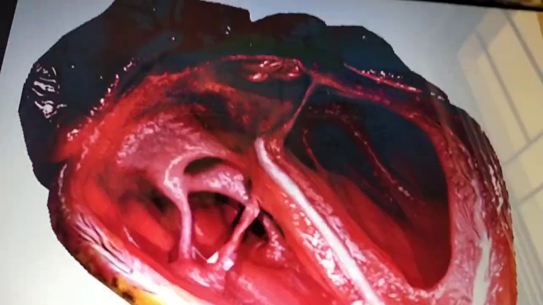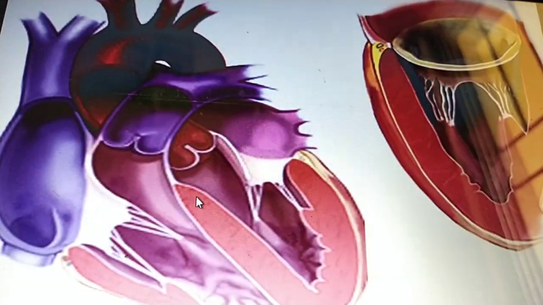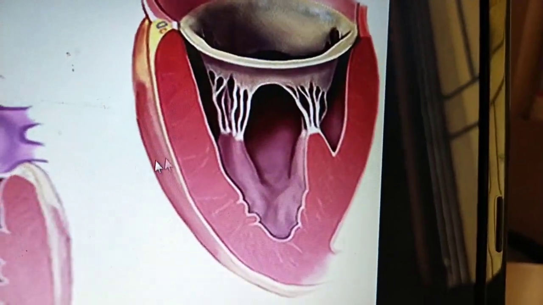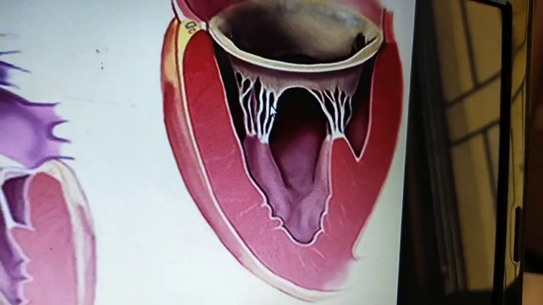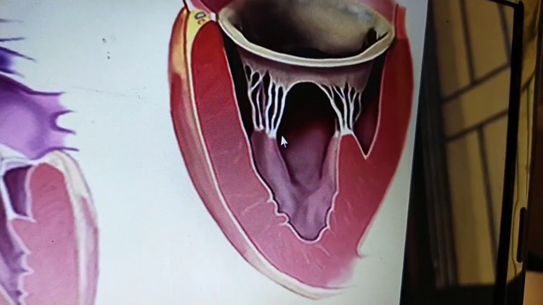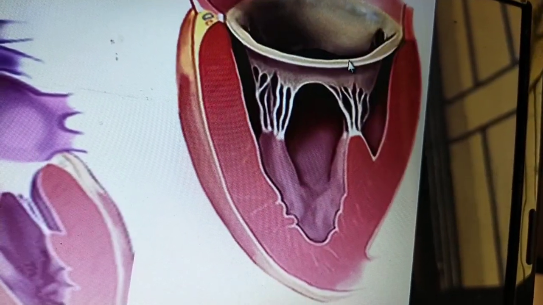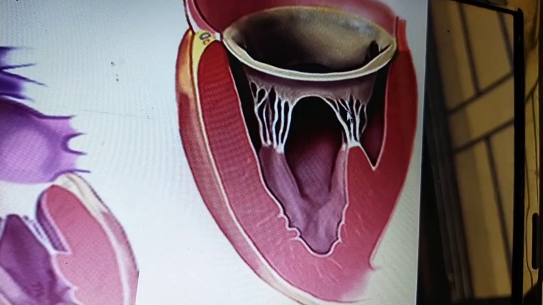You can see here. You can go to the next slide. Here also you can easily make out. These are the chordae tendineae, the thread-like bands of fibrous tissue which attach to the papillary muscles of the heart on one end and to the edges of the atrioventricular valves on the other.